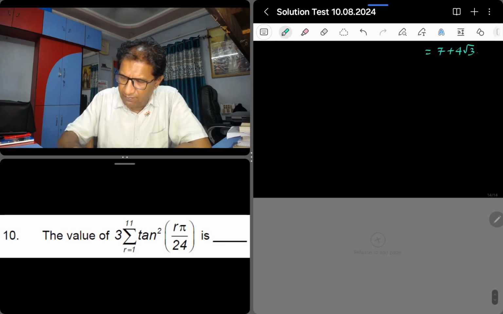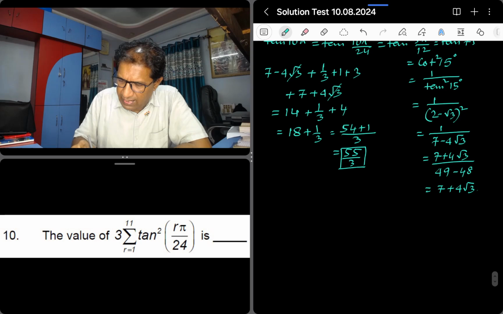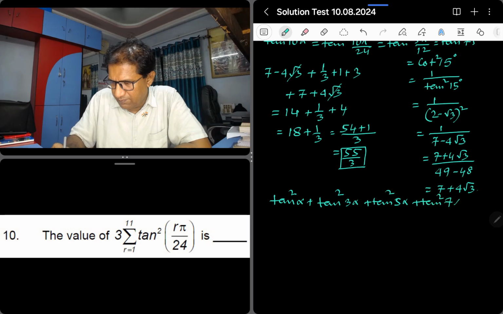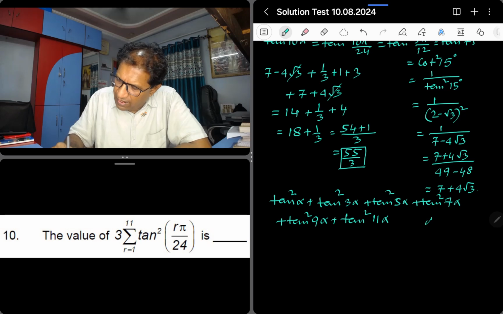We are having tan square alpha, tan square 3 alpha, tan square 5 alpha. Okay, where alpha is basically pi over 24.